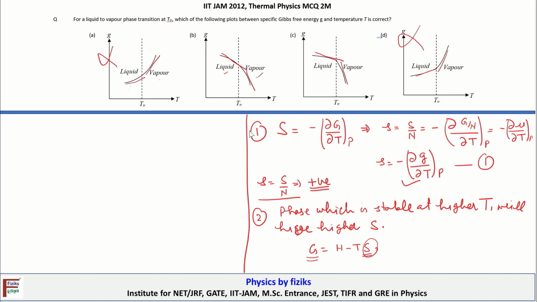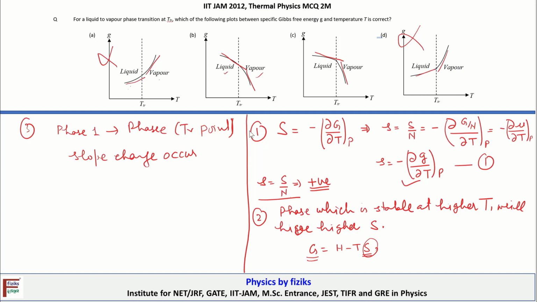The further important point is that when we are moving from phase 1 to phase 2, at the transition point, a slope change occurs. So when we move from the liquid phase to the vapor phase, there should be a change in slope.